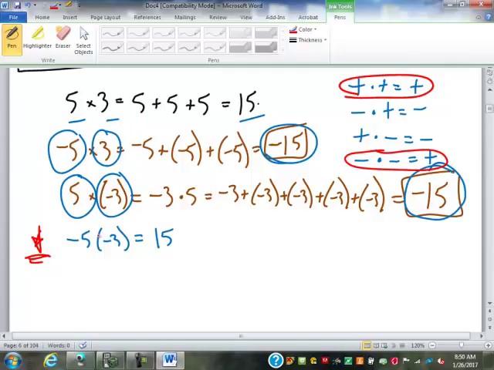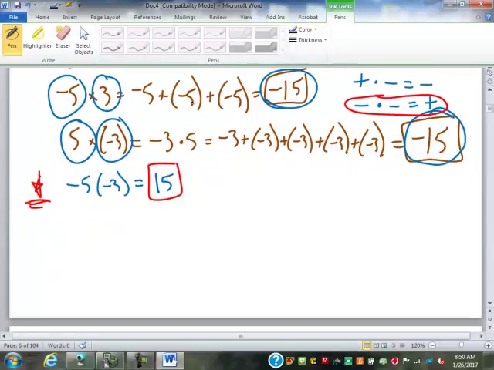No. The definition of multiplication doesn't work here. A negative times a negative is not defined by the definition of multiplication. So how is it that we all know that it has to be a positive 15? Because you were always told two negatives multiply to make a positive. Why?